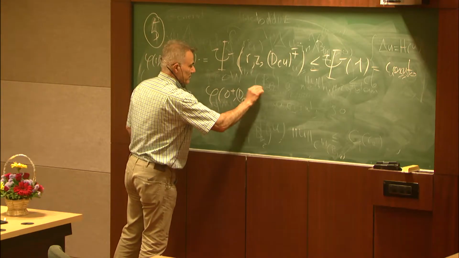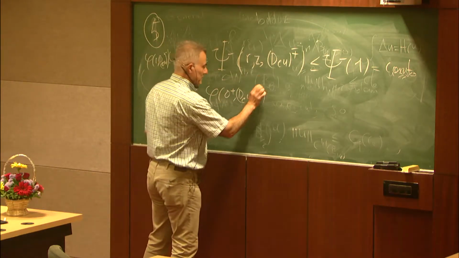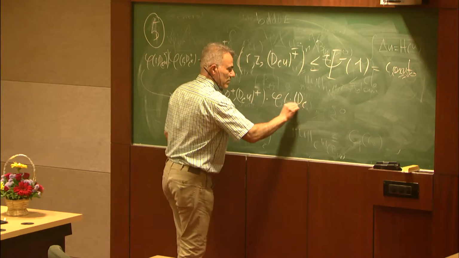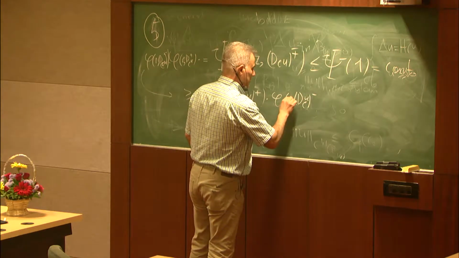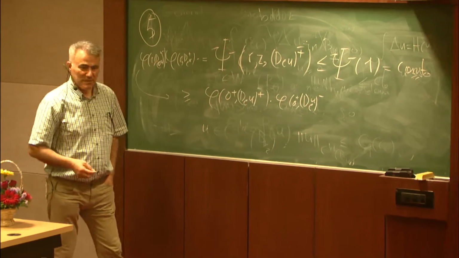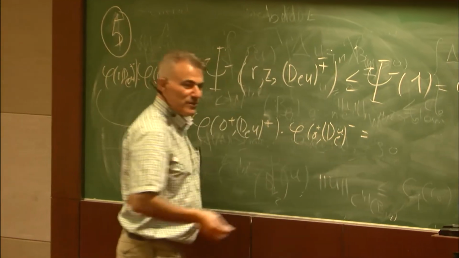U plus and minus, I'm writing both at the same time. That's the product, so let me write the product, at 0 minus. When I say 0 plus, I mean limits, so 0 plus means R goes to 0. But the functions are differentiable twice.